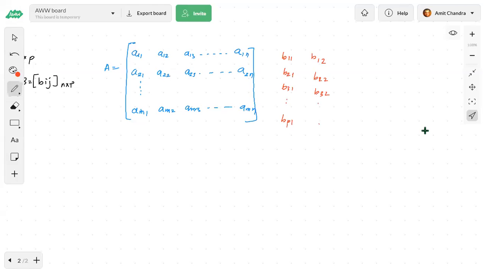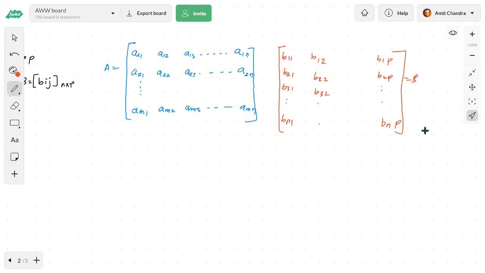Similarly, this will go up to B1P, B2P till BNP, because the number of columns of B is P. Okay, so now I have represented the elements of A and B. So this is matrix B.